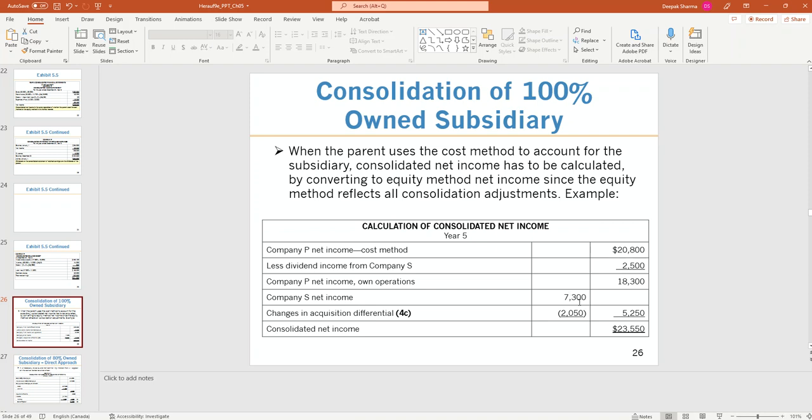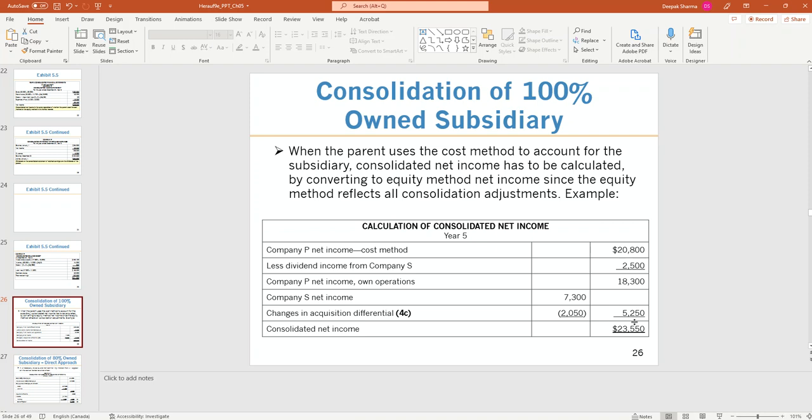So you add the full amount. Then you also look at the acquisition differential that was recognized, and you take your portion, which is the full amount, and subtract that out, and that left your net income to be 5,250. Then you add that to the parent's net income and combine them together. This is your consolidated net income.